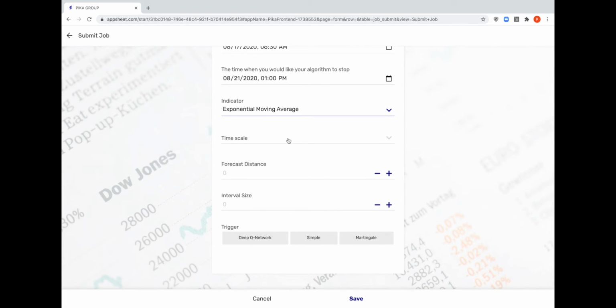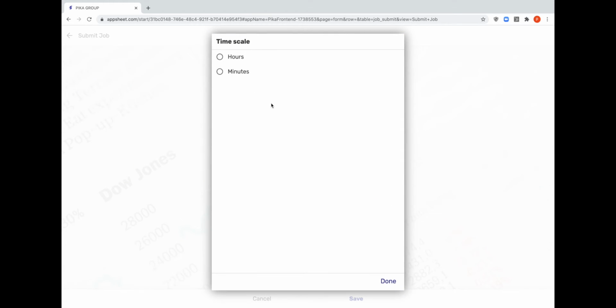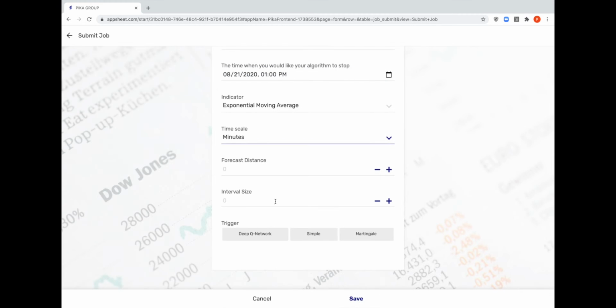Then you are going to be asked the time scale for hours or minutes. For this demonstration, I'll go for minutes. And then you're going to be asked for the forecast distance, let's say 60. So when I put 60, this means that I would like to predict the stock price 60 minutes into the future.